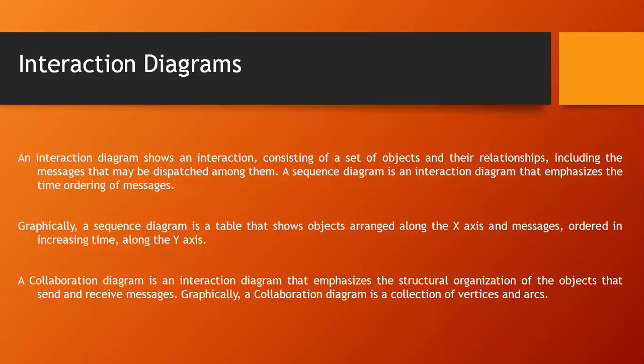A collaboration diagram lets us model the structural links that may exist among the objects in the interaction. It is an interaction diagram that emphasizes the structural organization of the objects that send and receive messages. A collaboration diagram is a collection of vertices and arcs. This is what we have seen in our previous video.